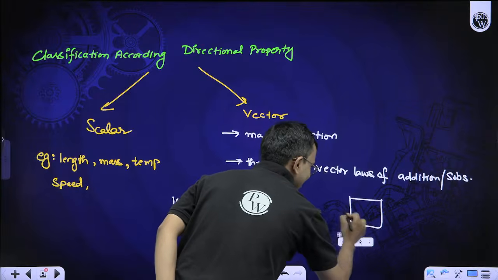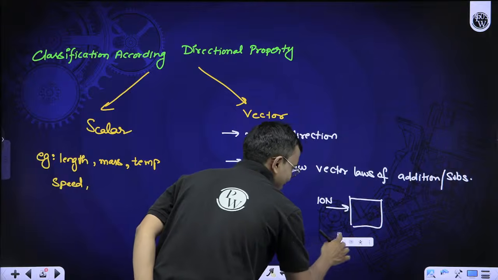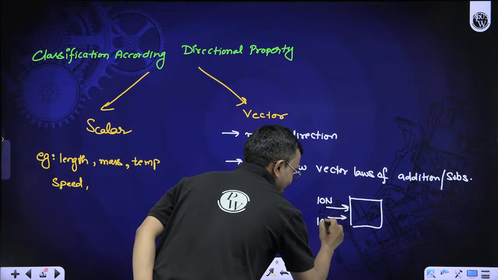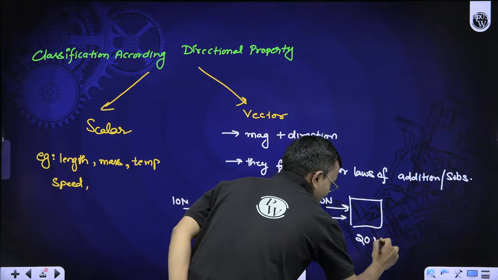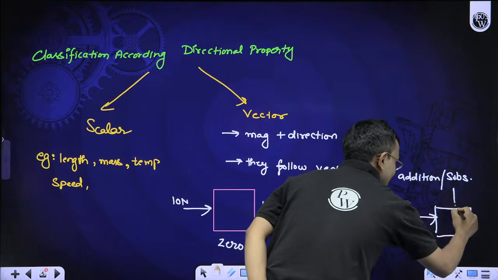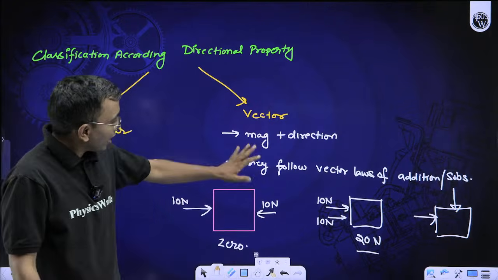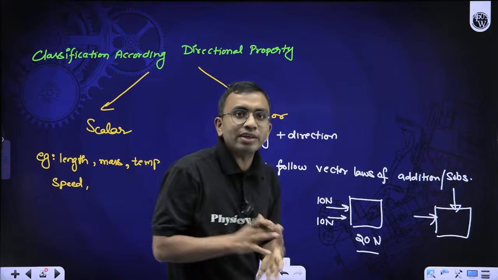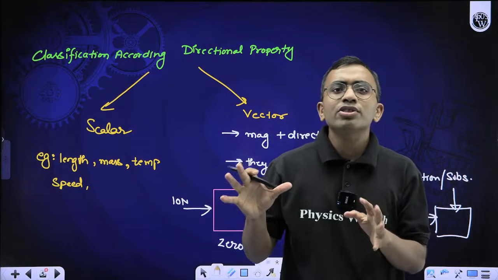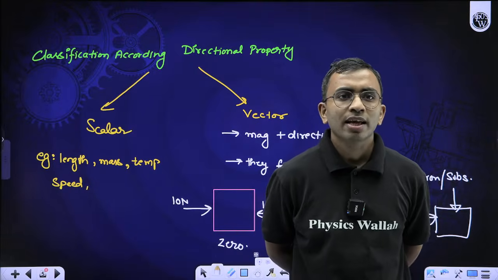If this is 10 and this is 10 in the same direction, then it will become 20. Total is 20 Newton in this case. If this is 10 and this is 10 at right angles, that will be different: 10 root 2. So whenever a vector quantity is there, you cannot just add or subtract them without seeing the direction. That will be meaningless.